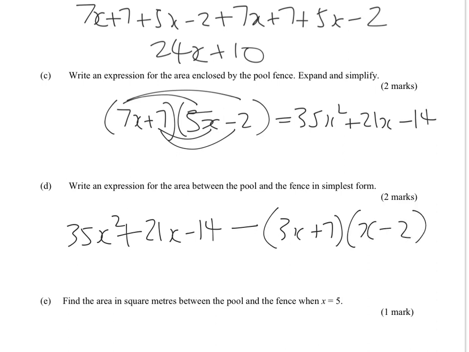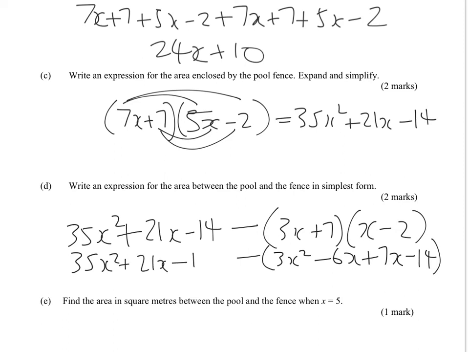So we get negative, 3x times x is 3x squared, minus 6x plus 7x minus 14, along with the same area.